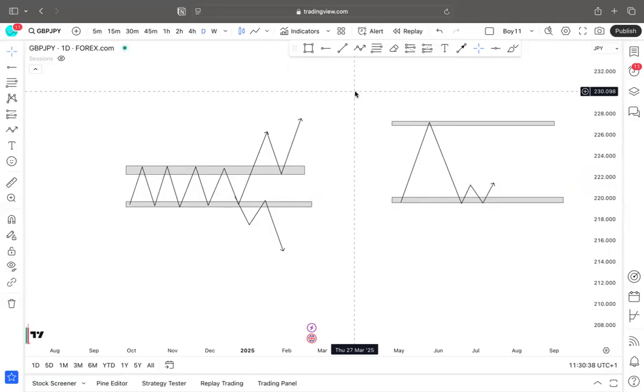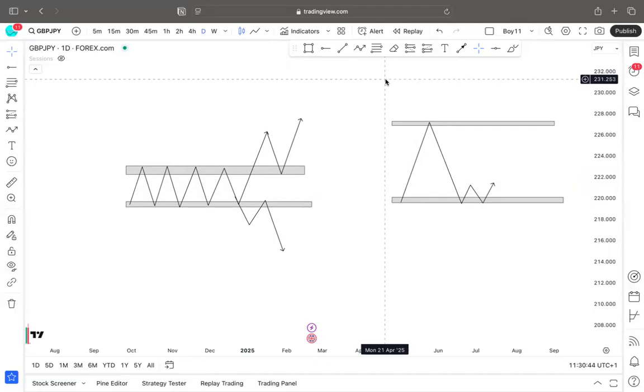But that's not it. I only draw my strong support and resistance levels from the daily and the 4 hour time frame. It does not matter where you are looking at it from, as long as you are on a higher time frame.